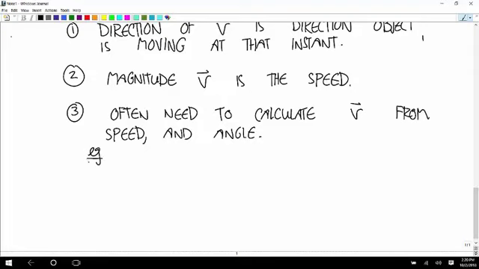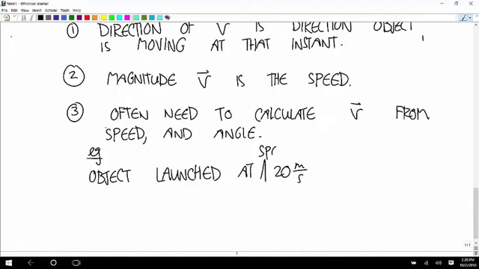So for example, if an object is launched at a speed of 20 meters per second, at, let's say, 30 degrees above the horizontal.